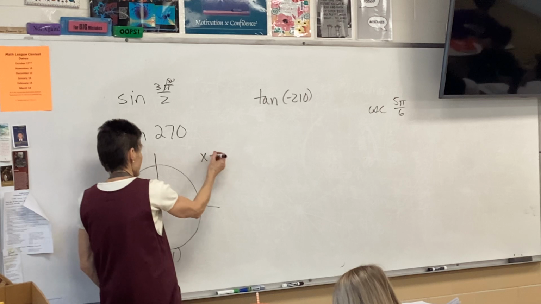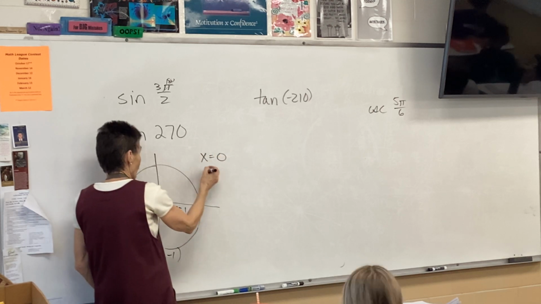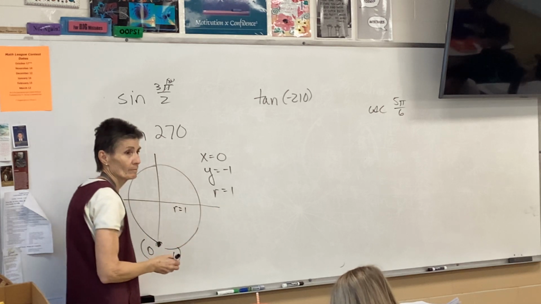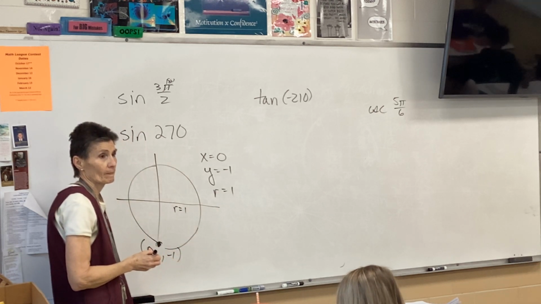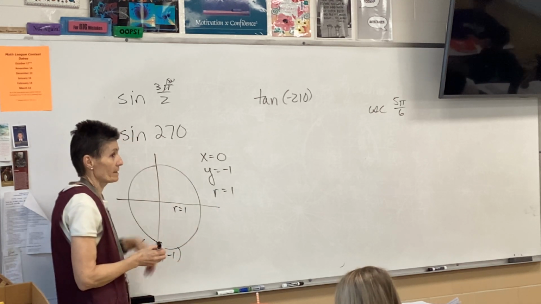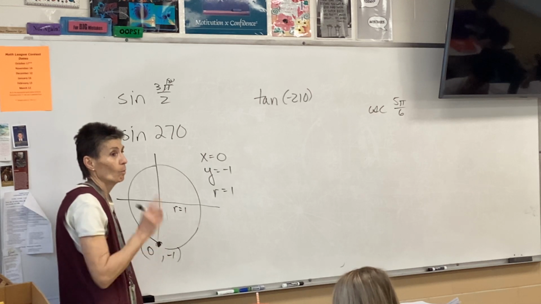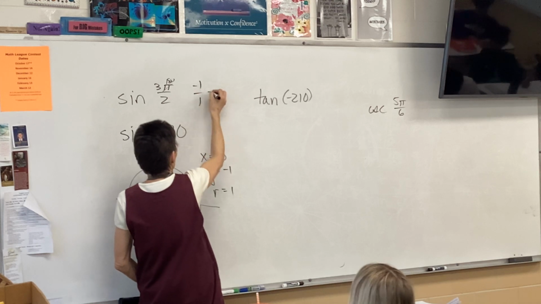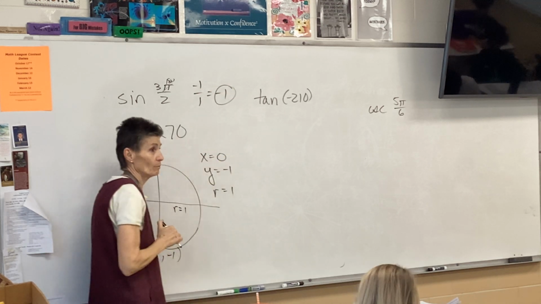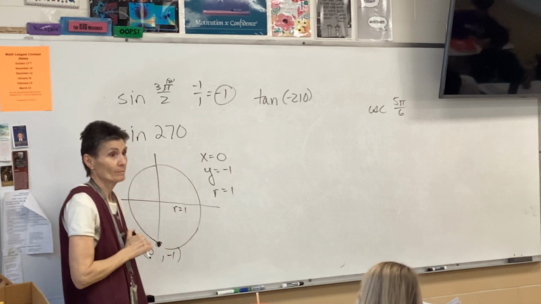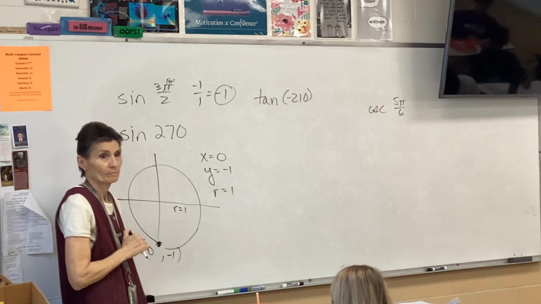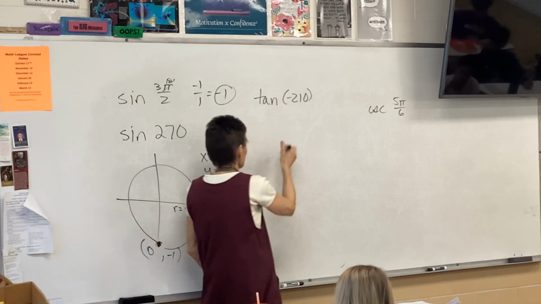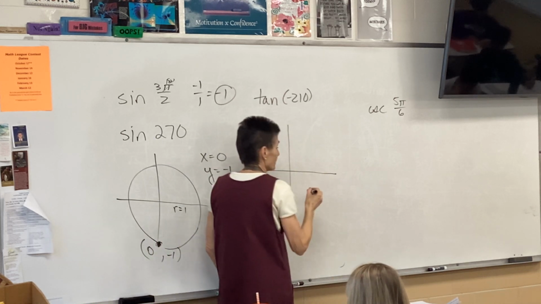So x is 0, y is negative 1, and r is 1. What is sine? Y over r, which will be negative 1 over 1, or negative 1. So the answer to the problem is negative 1.